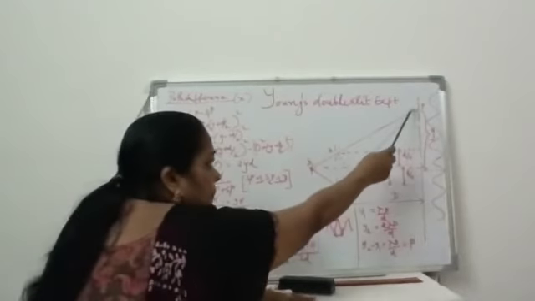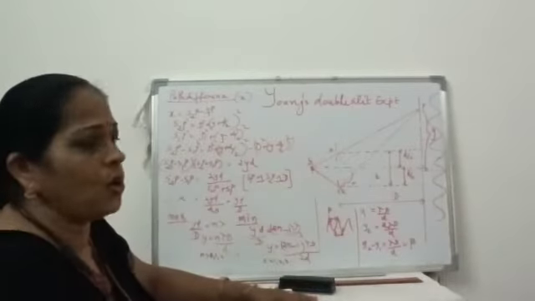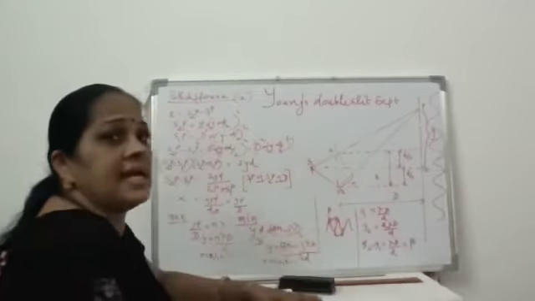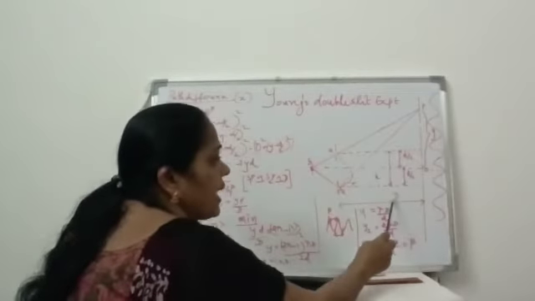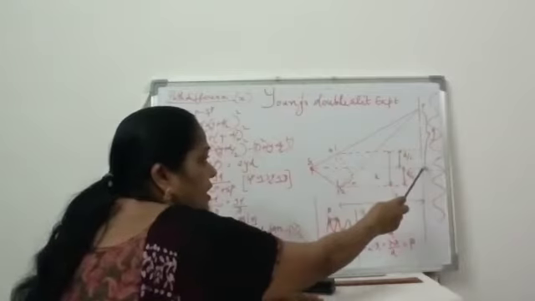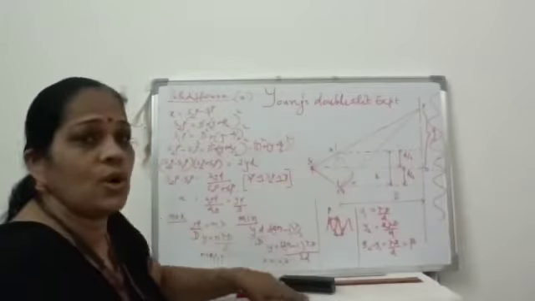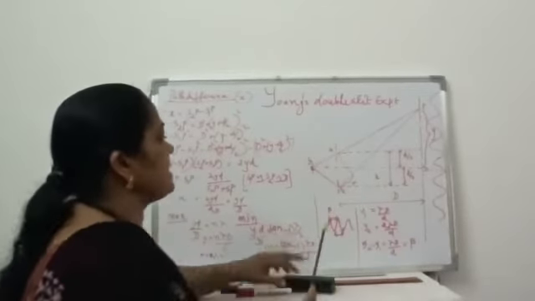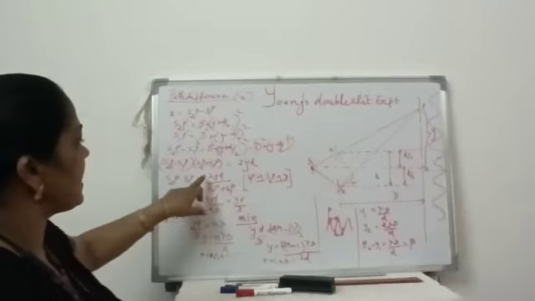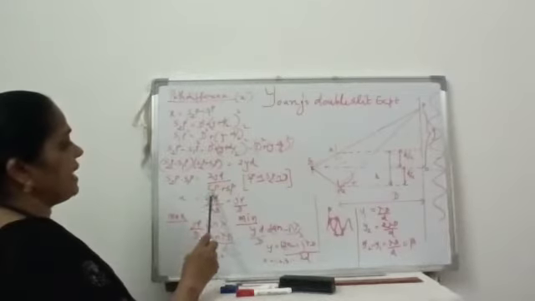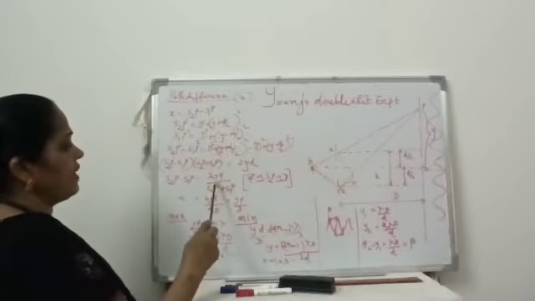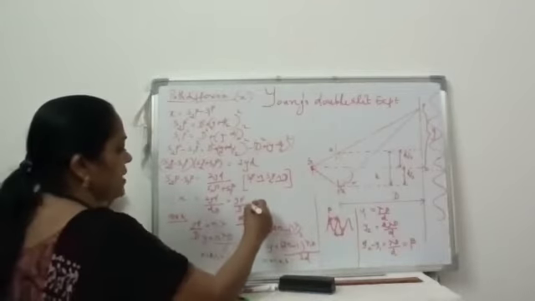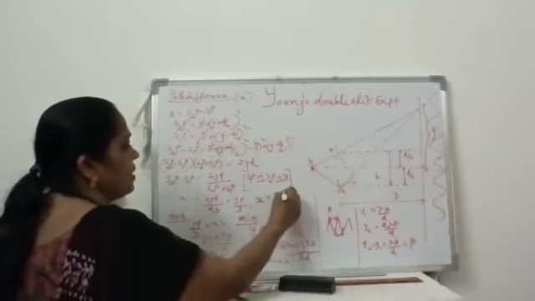So if you consider the point P to lie very close to O, then S1P and S2P can be approximately equated to capital D. S1P will be similar to S2P, and that distance is capital D. So in that case, S2P plus S1P will be D plus D, that is 2D. And when you substitute it here, you get the expression for path difference. So what is the expression for path difference? x is equal to yd by D.